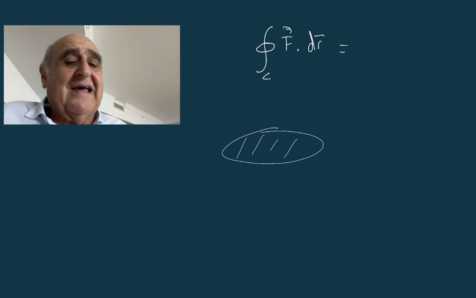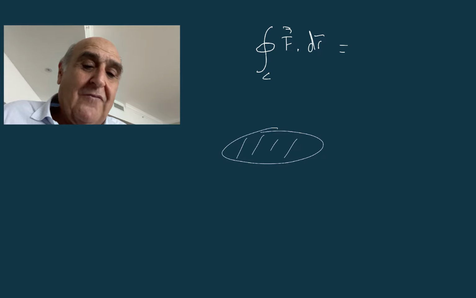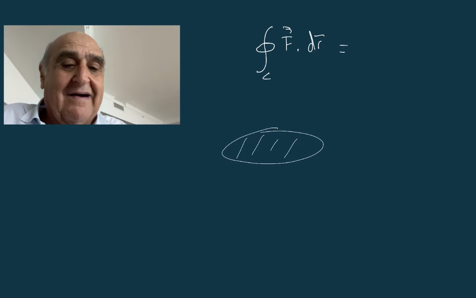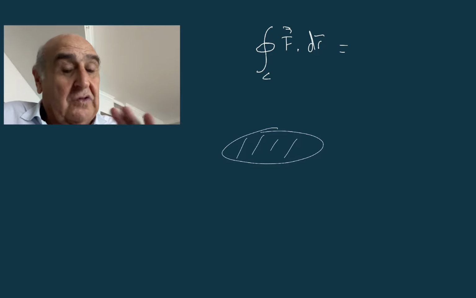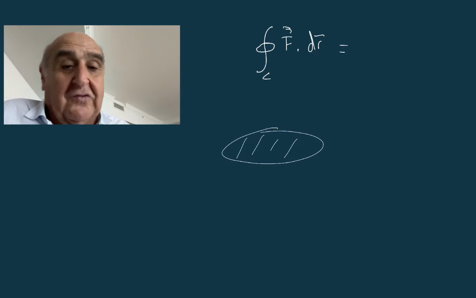And what the theorem says is that you can find the line integral of the vector field F scalar dr over a curve. Now the vector field is not conservative, because otherwise the line integral would be 0.